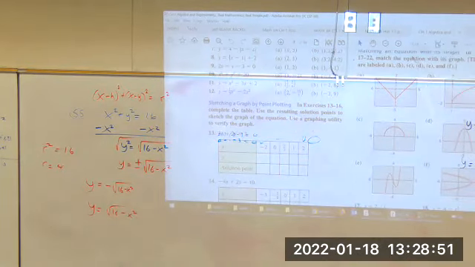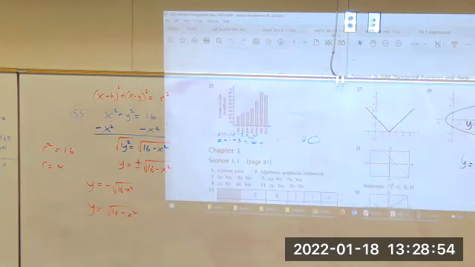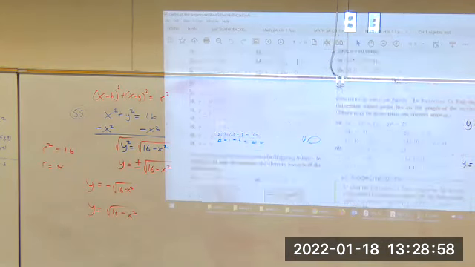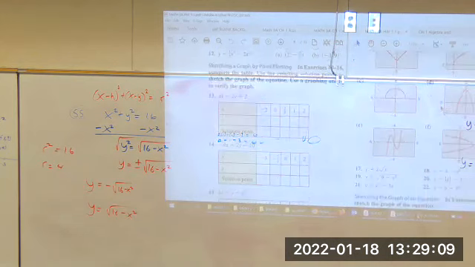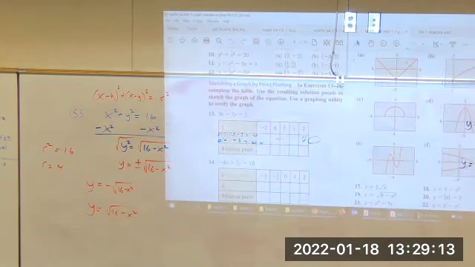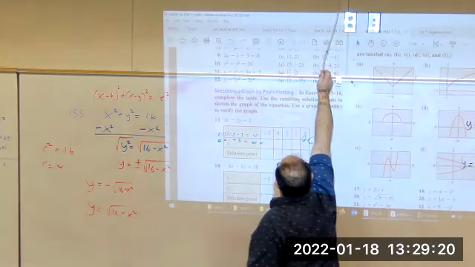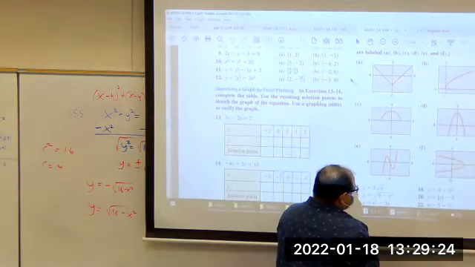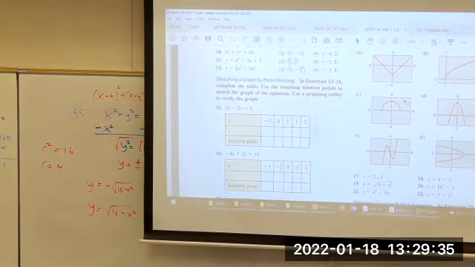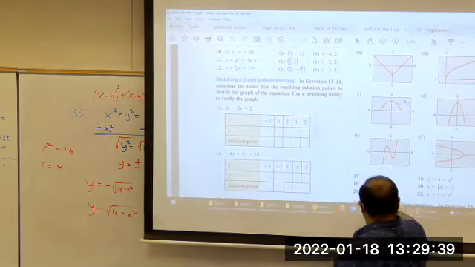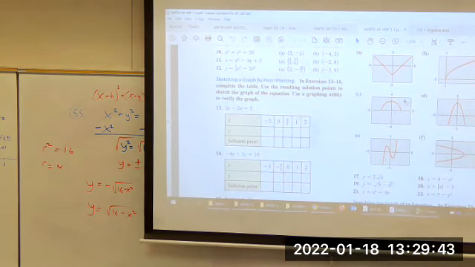(17 to 22 all). So 17 is a square root. So is number 19. 17 and 19 are both square roots.